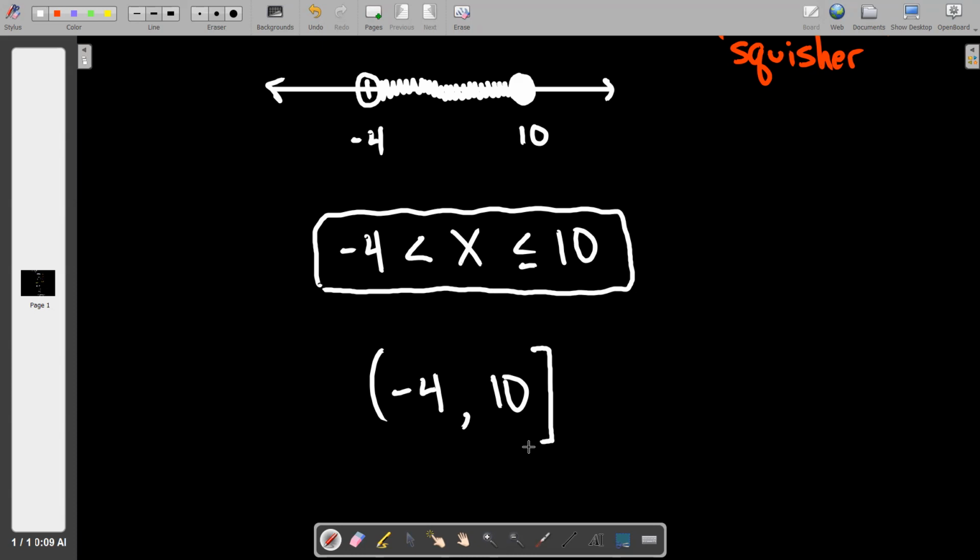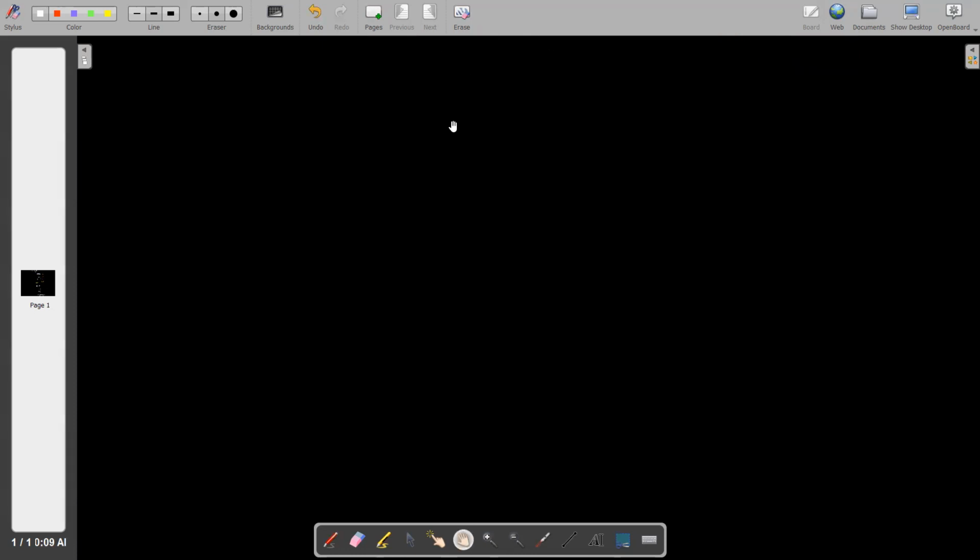So far, so good? All right, finally, we have to put it all together now with union sets. And so let's take a look at a union set.